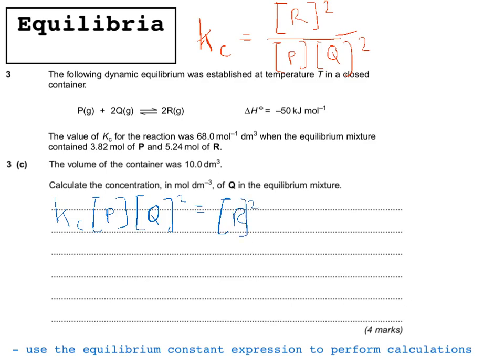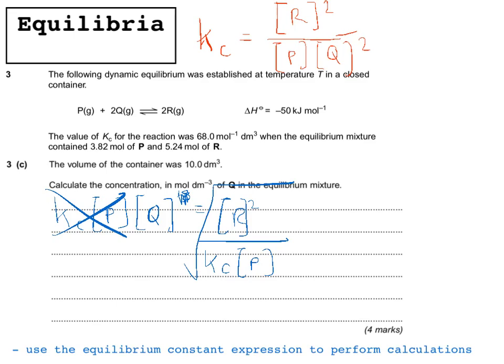The next thing we do is divide by Kc times the concentration of P, so that will move onto this side, and then to get rid of this squared, we've got to square root, so the square root of this will equal the concentration of Q.